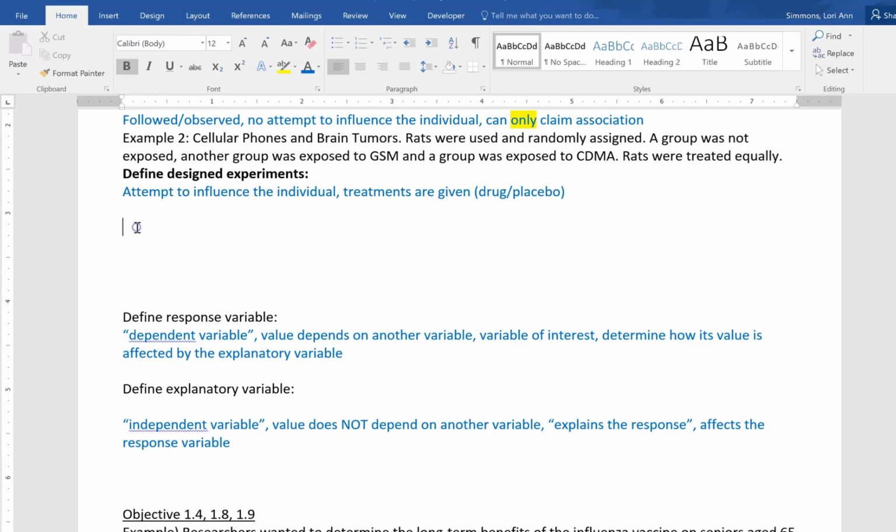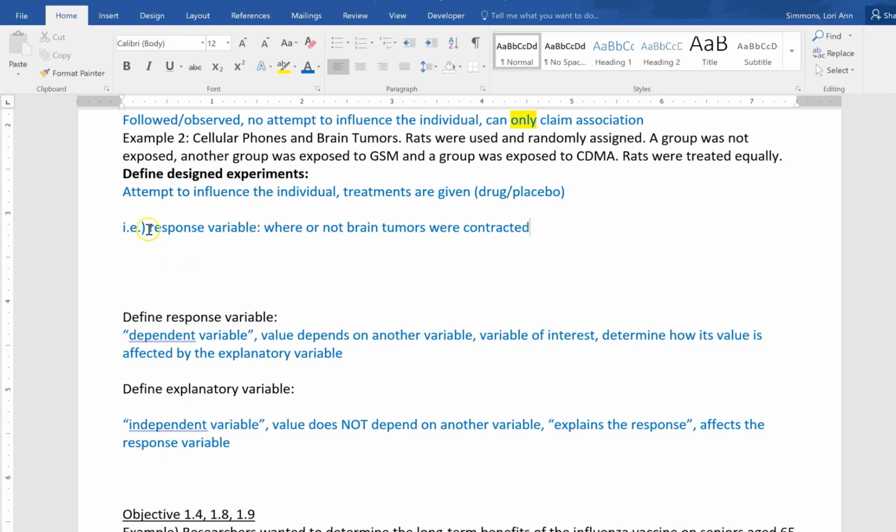So if you go back up to our designed experiment, let's identify what the response variable is and what the explanatory variable is. So the response variable, what are we trying to figure out? We are trying to figure out whether or not brain tumors were contracted.